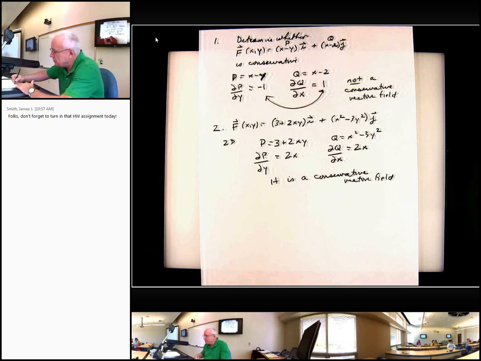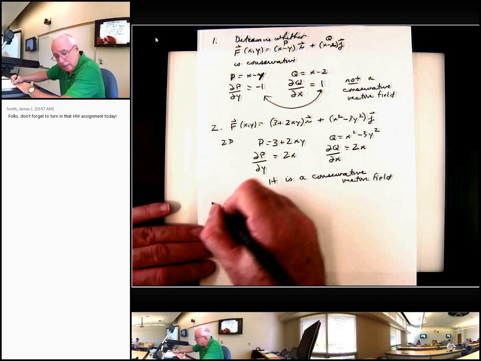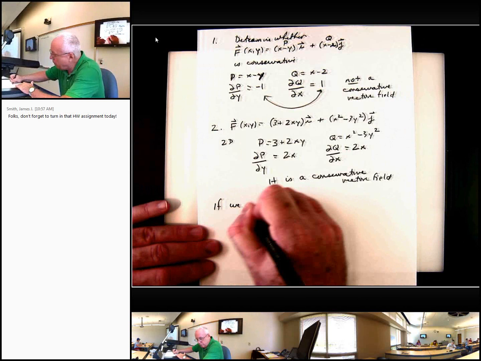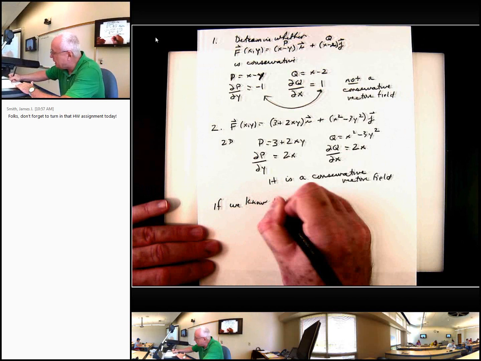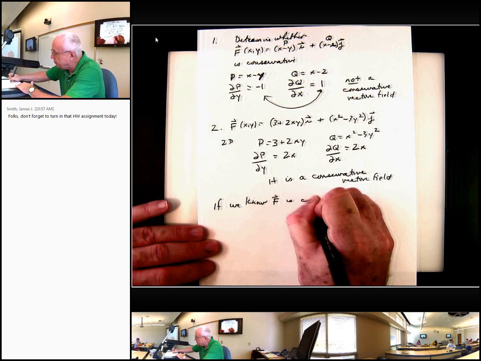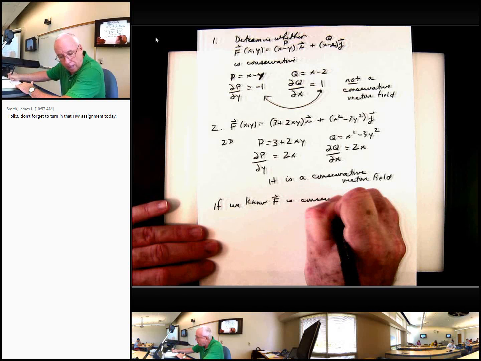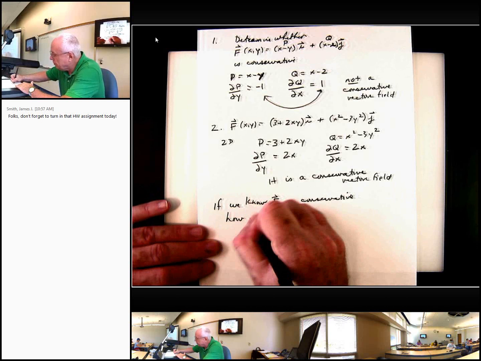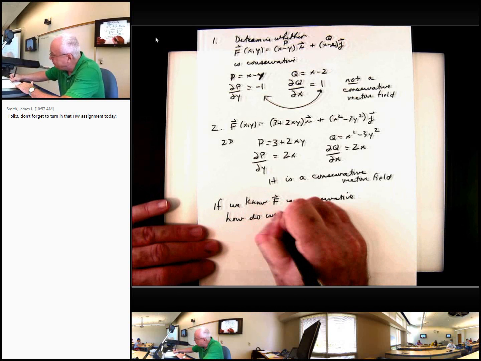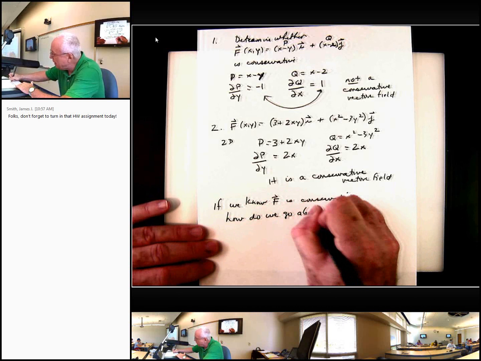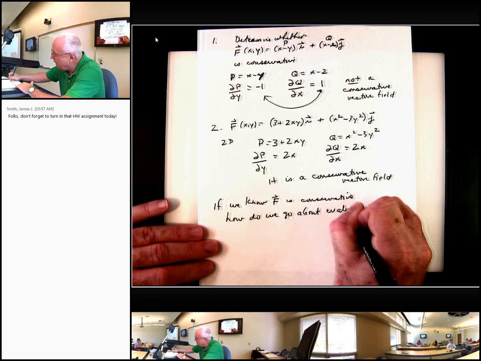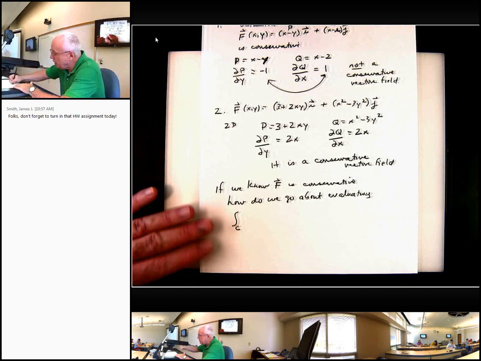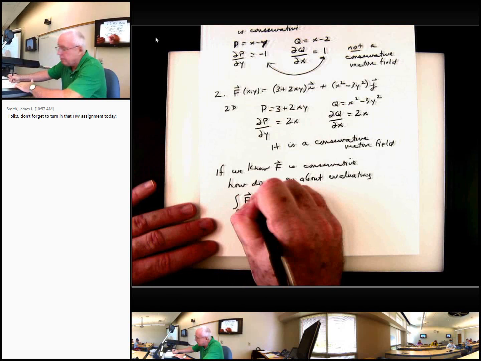So if we know that a field, capital F, is conservative, how do we go about evaluating the line integral along C of f dot dr?